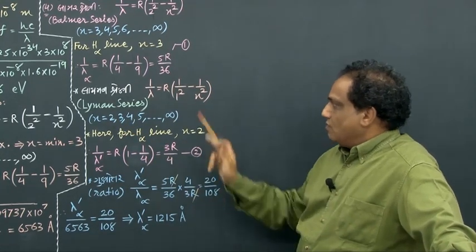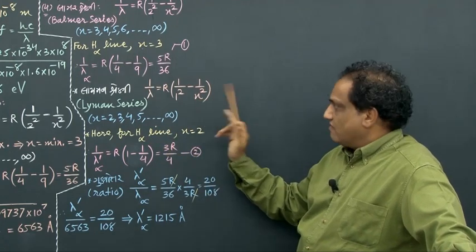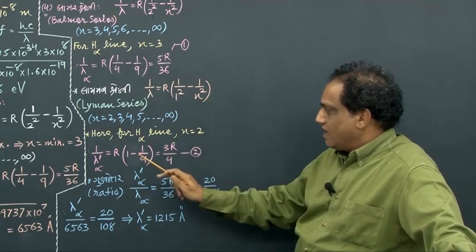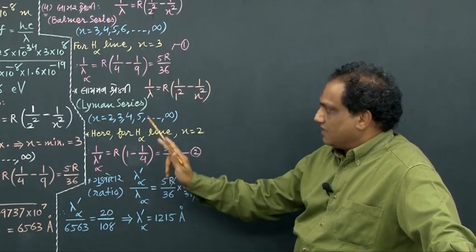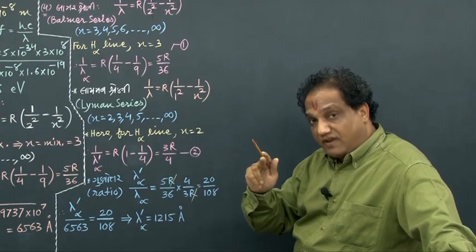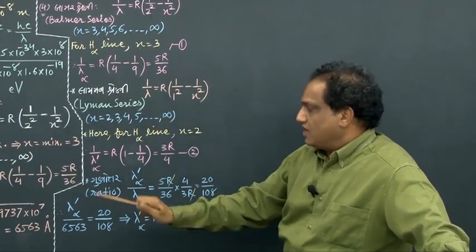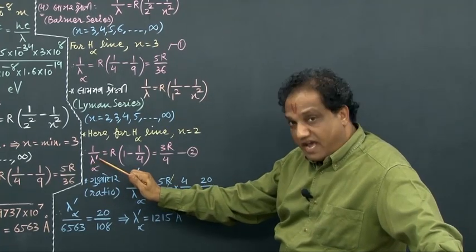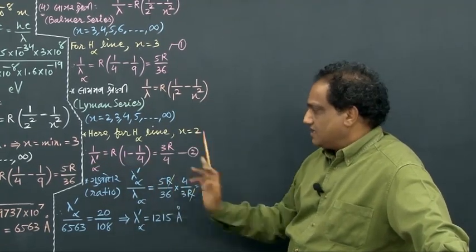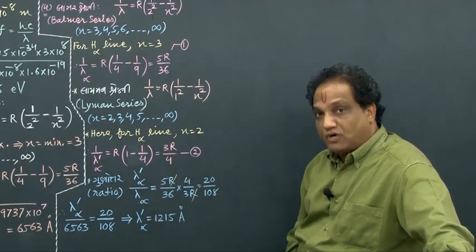N equals 2. Put it here. 1 upon 1 is 1, minus 1 upon 4, because when n is 2, 2 square will be 4. Whatever wavelength you get will be the wavelength of the H alpha line of Lyman series, which is different from this wavelength. That's why I am putting a different symbol, lambda alpha dash. Now R as it is. Now 1 minus 1 by 4 is 3 by 4. Give it equation number 2.